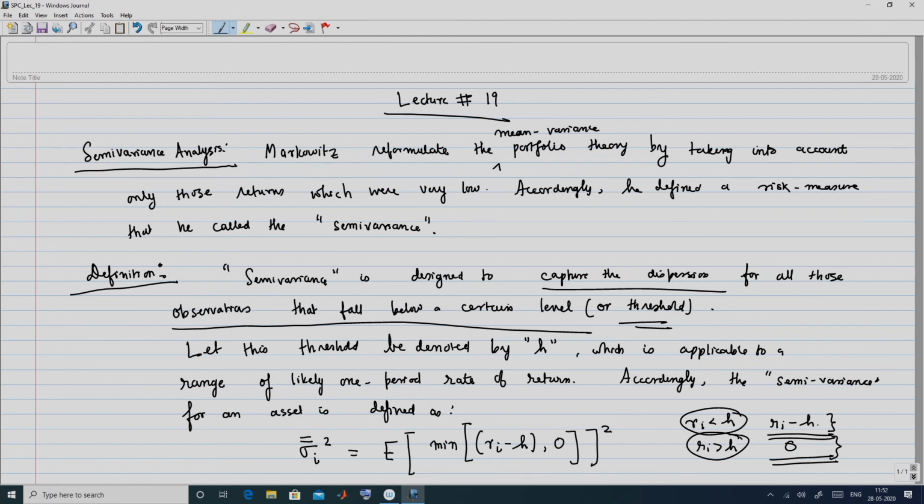So, that means that if R I is less than H, you capture the dispersion R I minus H, but when R I is greater than H, the dispersion is taken to be 0, and you take the square of this, just as you had done in case of the variance, and you calculate the expectation of this, because it involves a random variable R I, and I define this expectation to be equal to the semi-variance sigma I square.